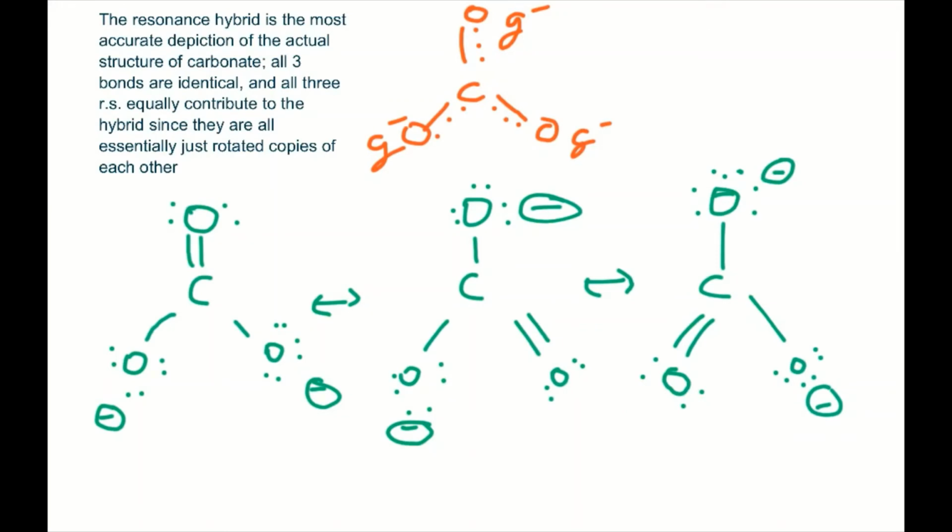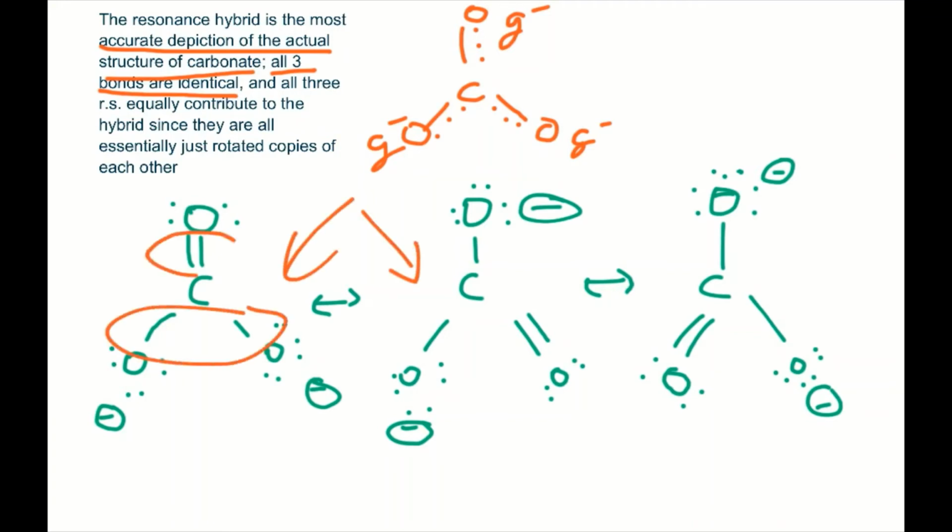Now, before I move on, I want to talk about something that I forgot to mention. It has to do with the resonance hybrids. The resonance hybrid is the most accurate depiction of the actual structure of carbonate. All three bonds are identical according to the resonance hybrid, but in the Lewis structures, you can clearly see that these two bonds are different from that one.